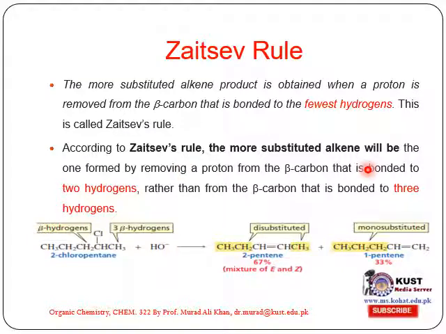Here, 2-pentene is di-substituted and 1-pentene is mono-substituted. So di-substituted pentene is 67%, and mono-substituted pentene is 33%. That means the alkene with more substitutions will be favored, this one, 2-pentene.